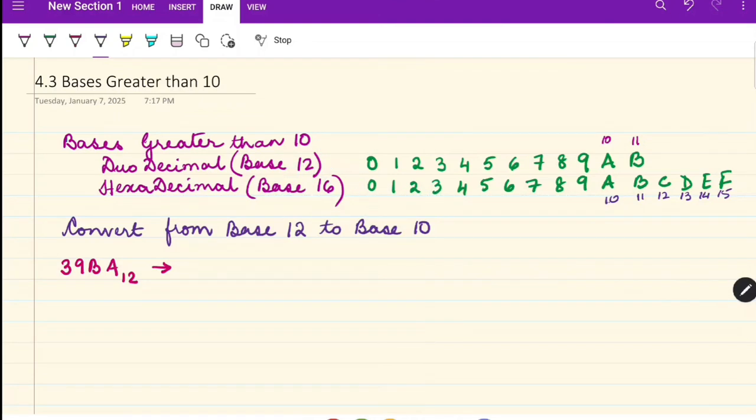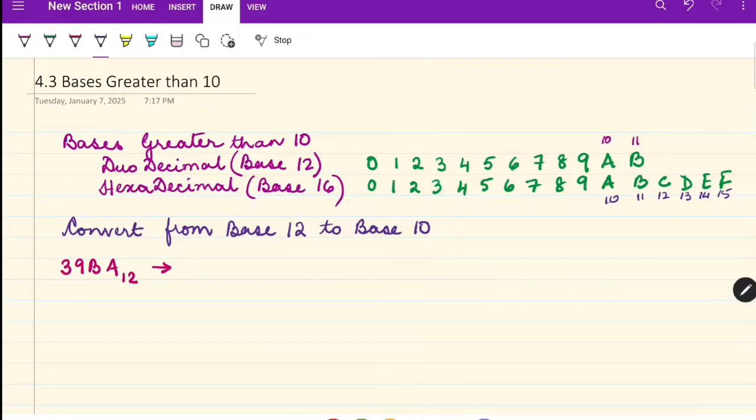Given that, if we were to convert from base 12 to base 10, the process is the same as converting from a lower base to base 10.